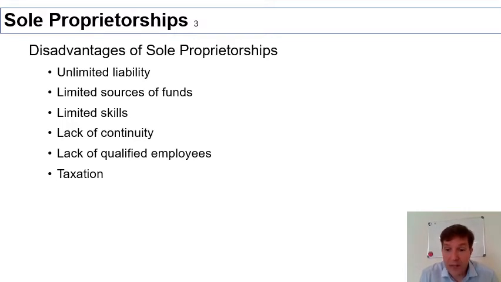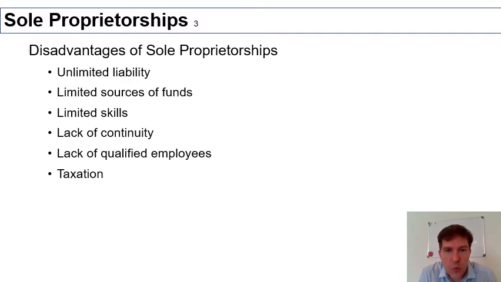Okay. You're going to have limited access to funds because it's just you, right? If you have more people involved in the firm, usually you have more possibility of asking them to maybe front their own savings, for example. Okay, you might be able to get also access to other programs, etc. Also, limited skills is just you. So if you are awesome, and I know you are, that's great.